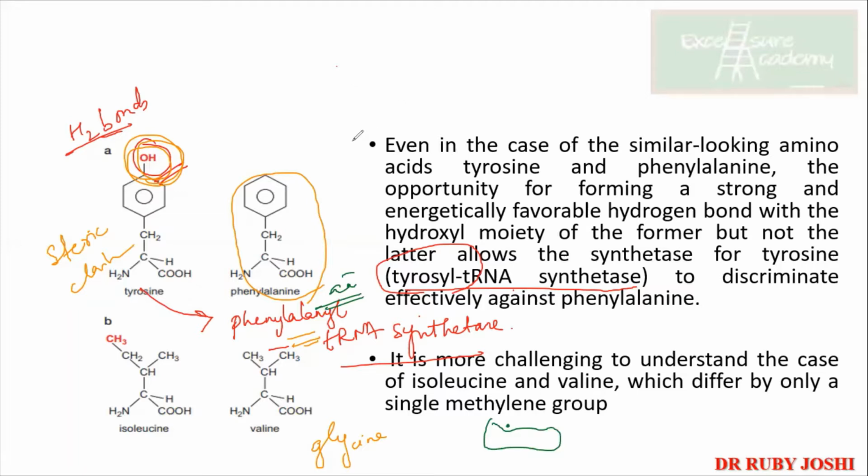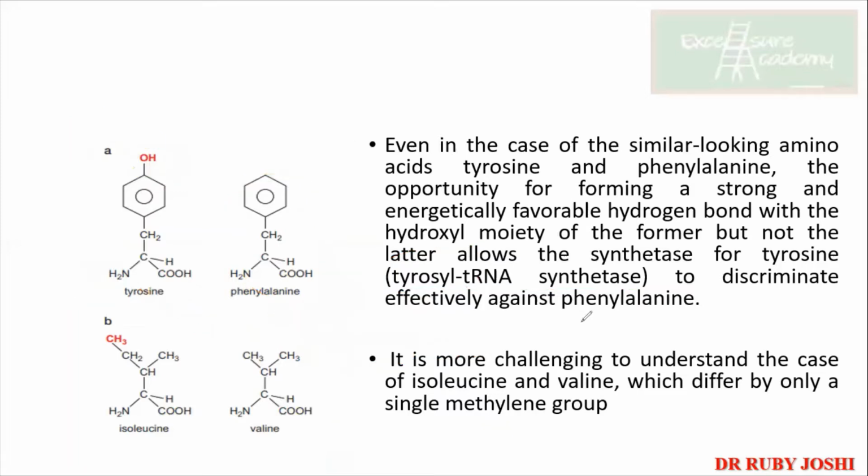Yes, ma'am. Okay, good. Now the problem comes between, for example, isoleucine and valine, which differ only by a single methylene group. So same explanation as I gave for the OH, same for the methylene group also. So the tRNA synthetase of isoleucine will have additional space to interact with the methyl group, whereas valyl tRNA synthetase won't have.